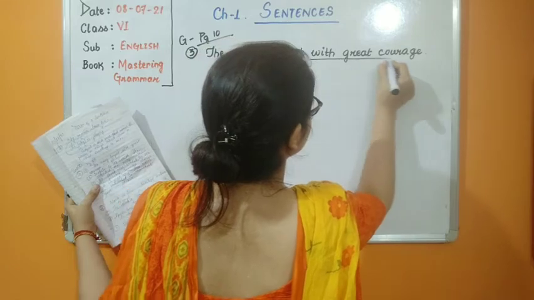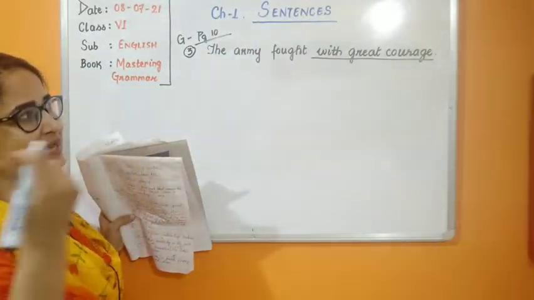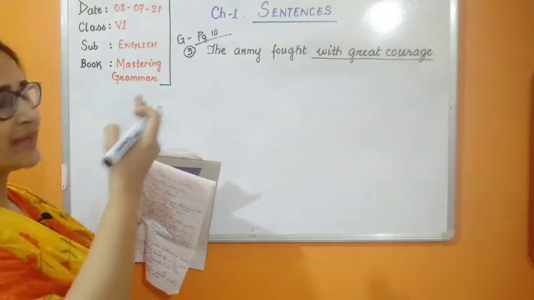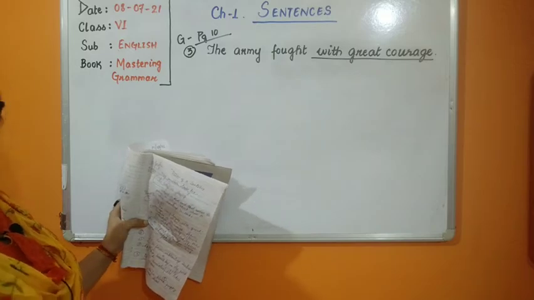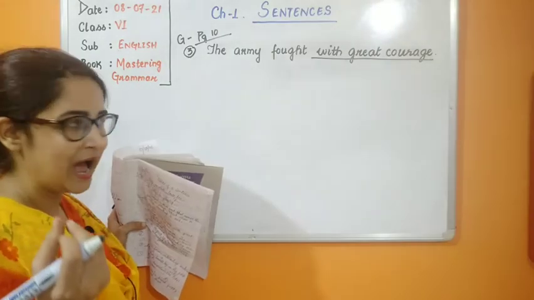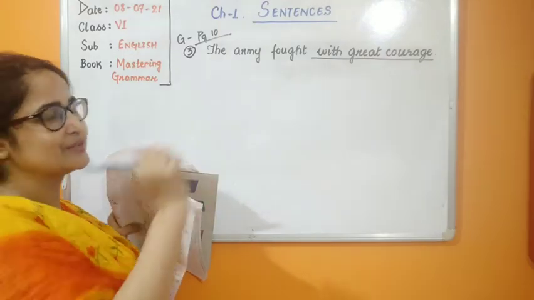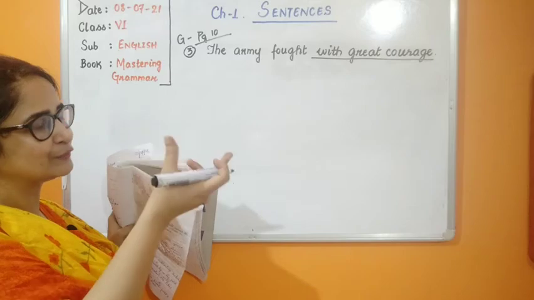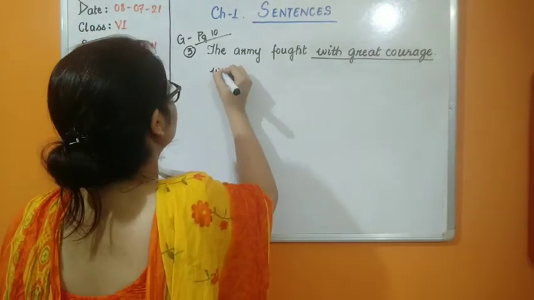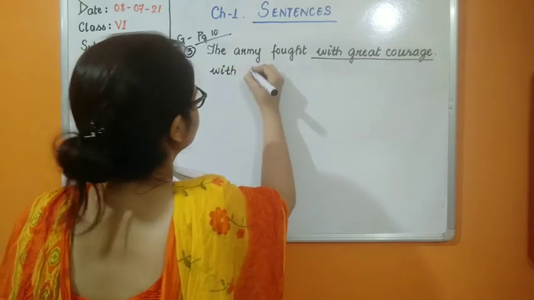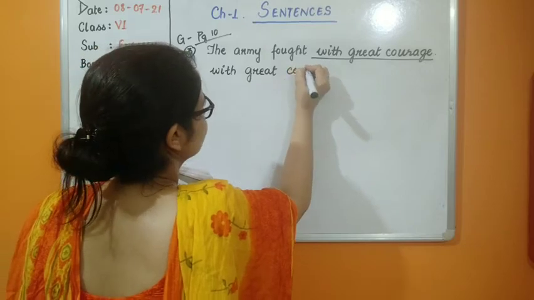So we will be underlining, children. This can be a phrase or it has to be a clause. Now can you see any verb there, children? Is there any verb? No. I told you that clauses must have verbs. So this group of words doesn't have it. So children, this is our what? Phrase. With great courage is our phrase.